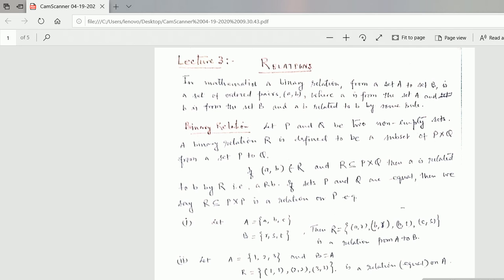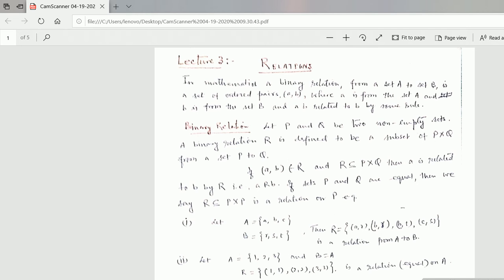Now we will discuss binary relation. You can see here, let P and Q be two non-empty sets.